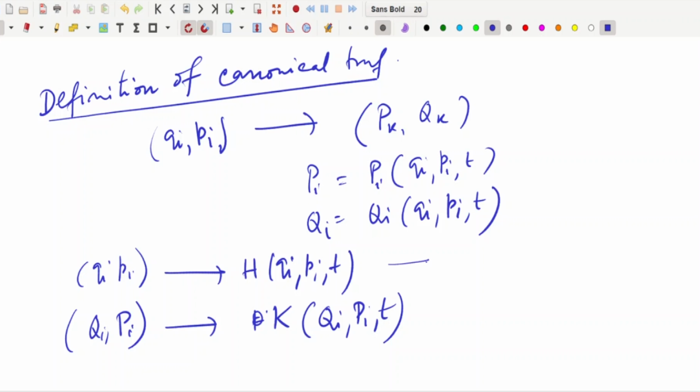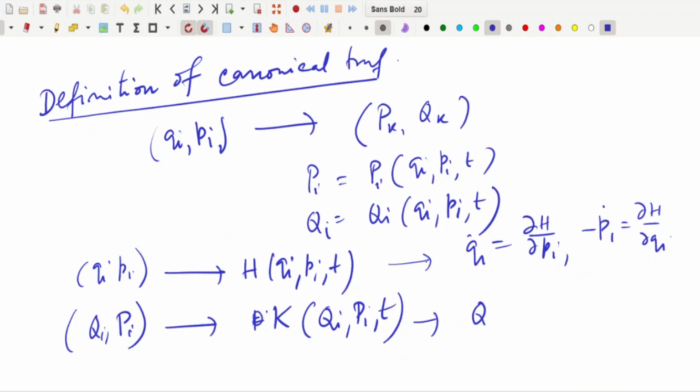For the old Hamiltonian, the equations of motion were qi dot equals del H del pi, and minus pi dot equals del H del qi. That should be preserved in the new Hamiltonian.